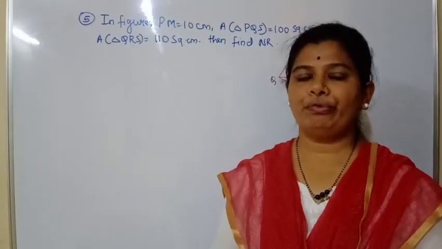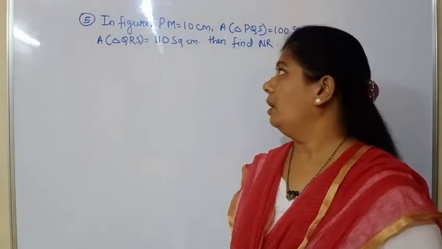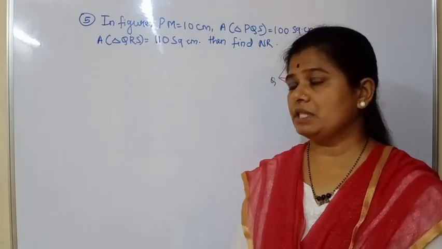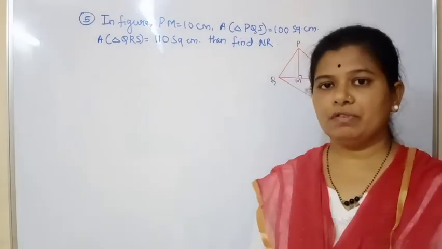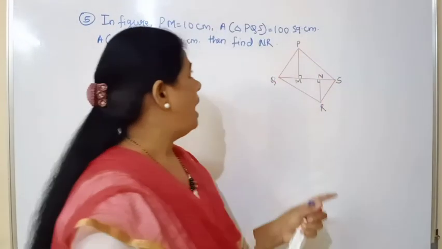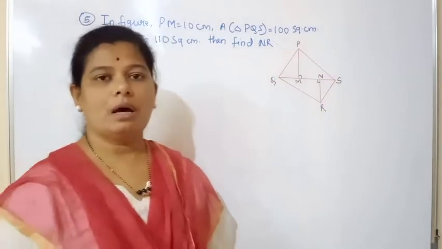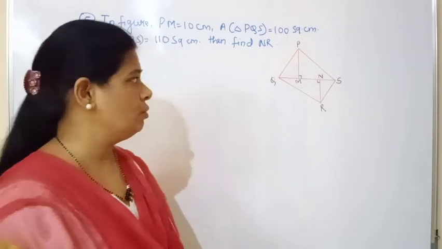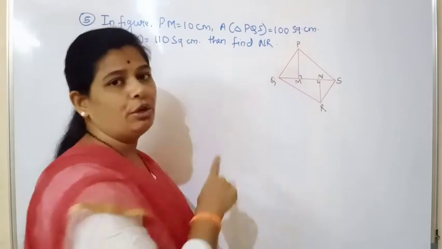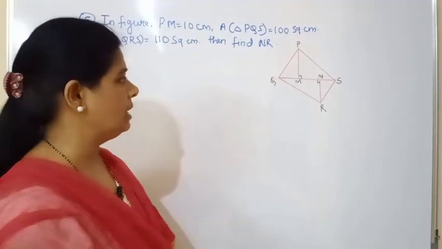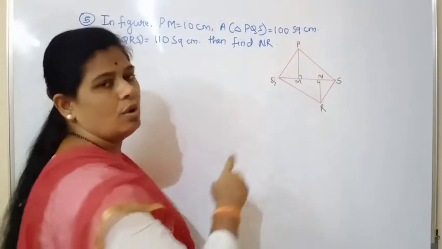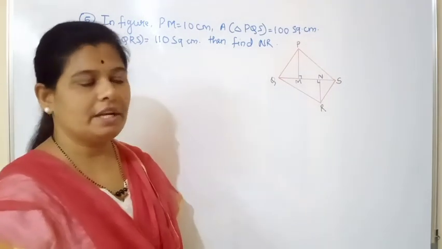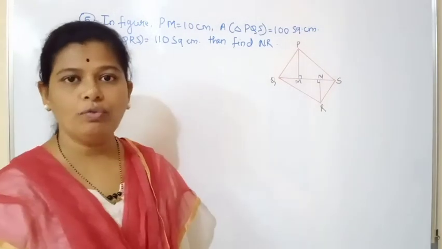We'll see the fifth example which I have written. The diagram is given to you. In this diagram PM is given as 10 centimeter and the areas of two triangles are given to us: area of triangle PQS is 100 square centimeter and area of triangle QRS is 110 square centimeter, and we have to find the value of NR.